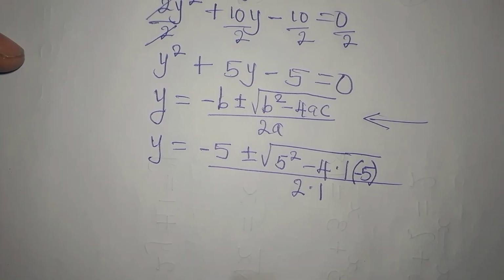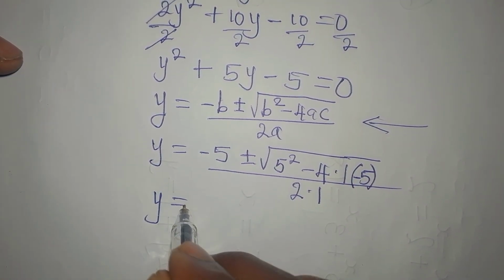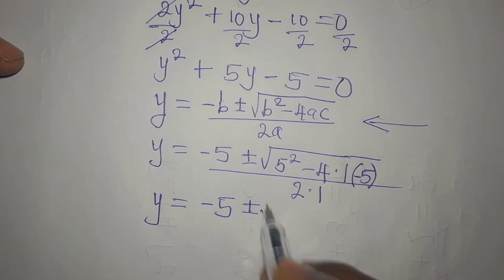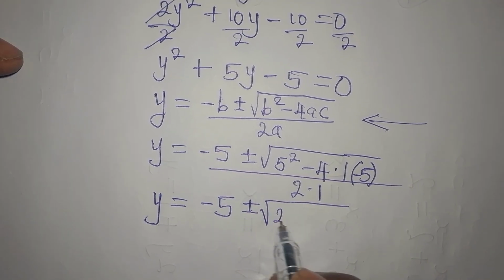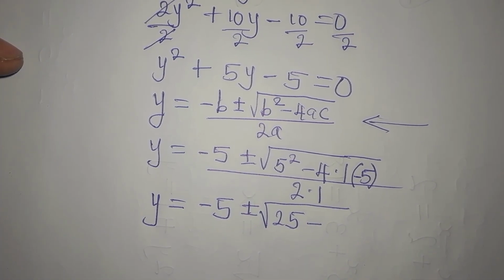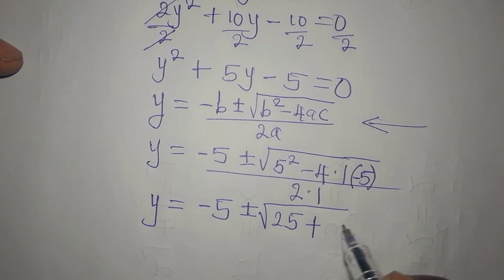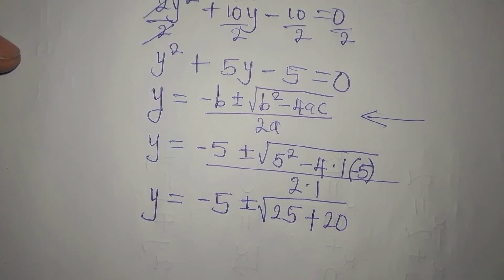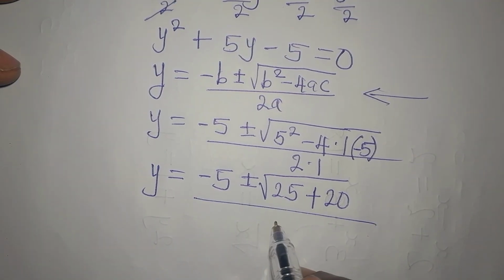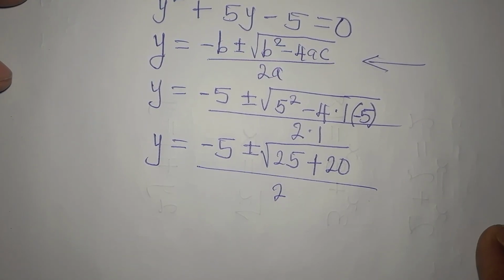So as we go ahead now, y will be equal to minus 5, plus or minus, we now have 5 squared is 25, minus 4 times 1 times minus 5, that will turn to plus, so we have 20 over here. And this will be divided by 2 times 1, which is 2.